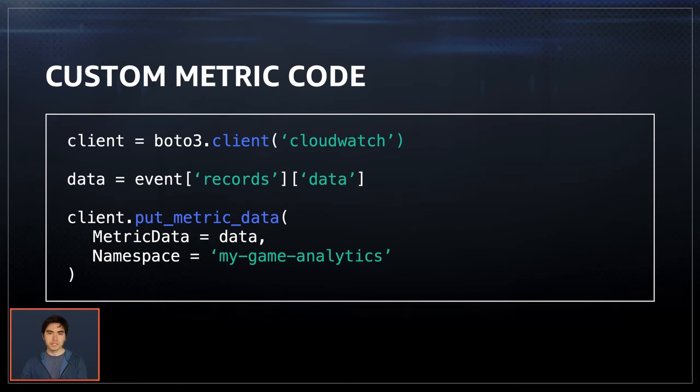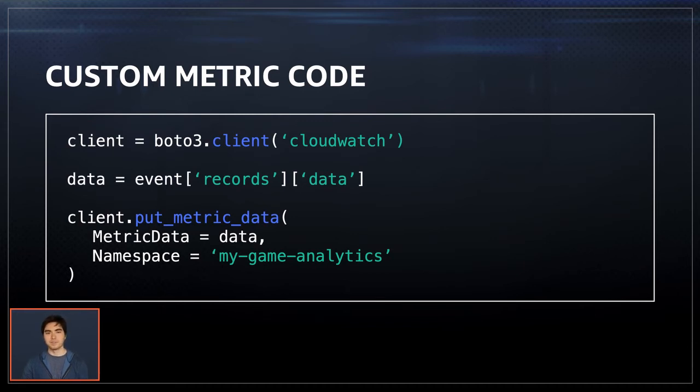And here's a quick example of what that code looks like. It's actually very simple. Just 3 lines in this case. So the first thing you do is create a client using one of the AWS SDKs. In this case, we're using Boto 3, which is the Python SDK. So you can see we're creating the CloudWatch client and then defining this data object and pulling that out of the Lambda environment.